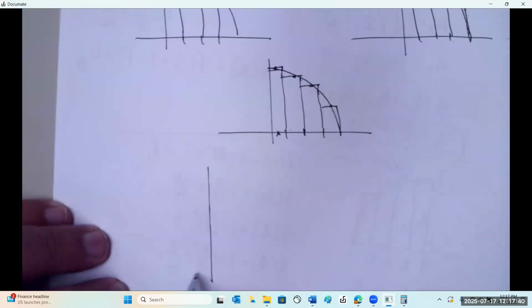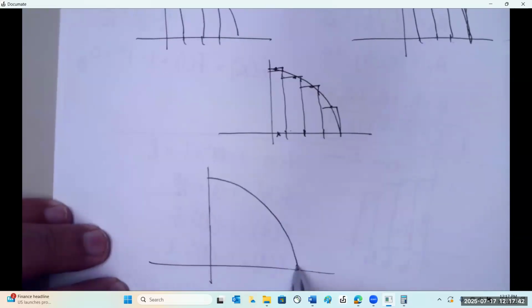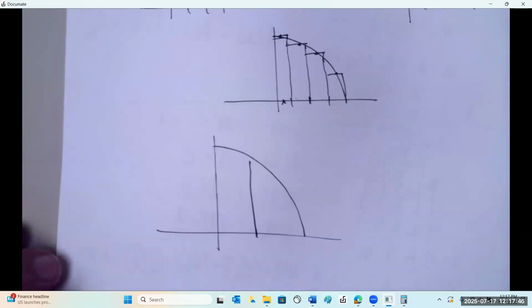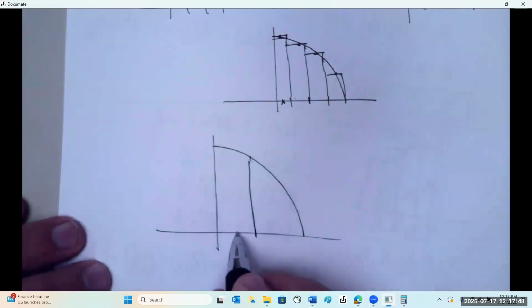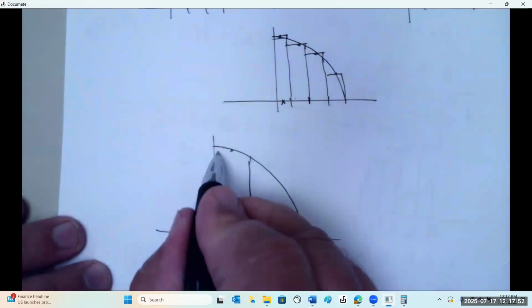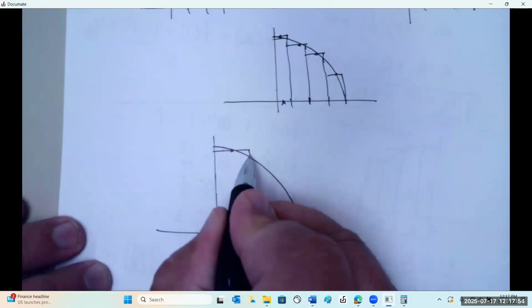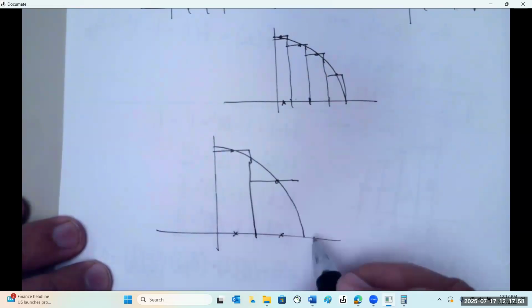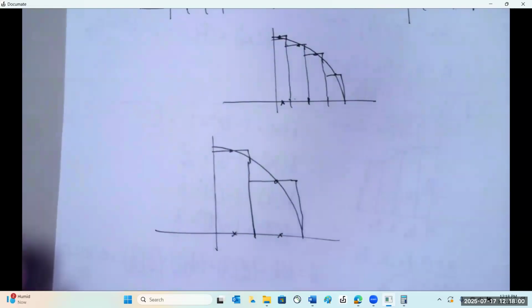Maybe it's easier if I show you in two spaces. If I chose the midpoint between these two intervals and made my rectangle according to those, what do you notice?